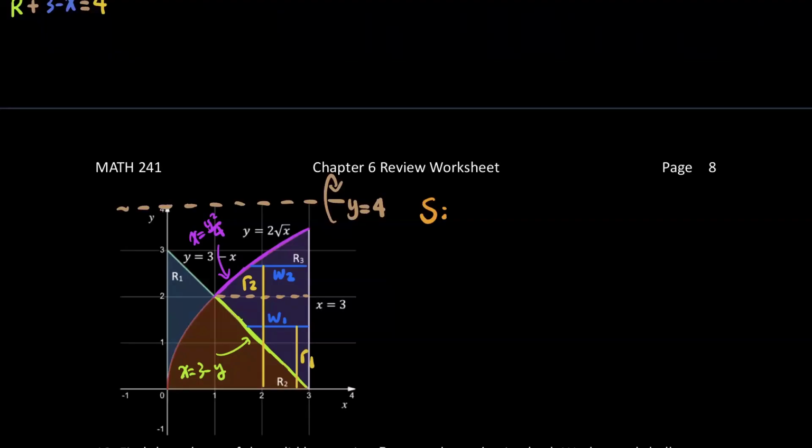Oh, my bad. Wrong axis of rotation, sorry. It's this direction.